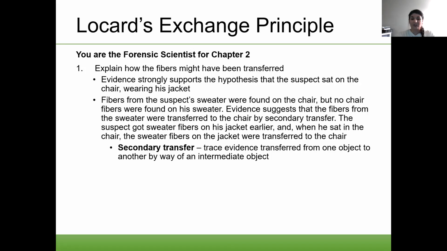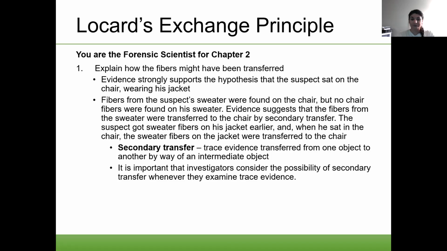Secondary transfer: trace evidence transferred from one object to another by way of an intermediate object. For example, the sweater fibers transferred to the chair by means of the jacket. And it's important that investigators consider the possibility of secondary transfer when they examine trace evidence so that they can look at all evidence properly.